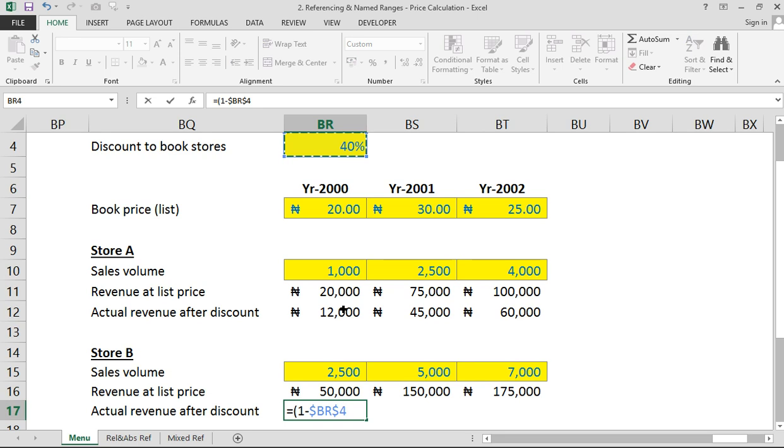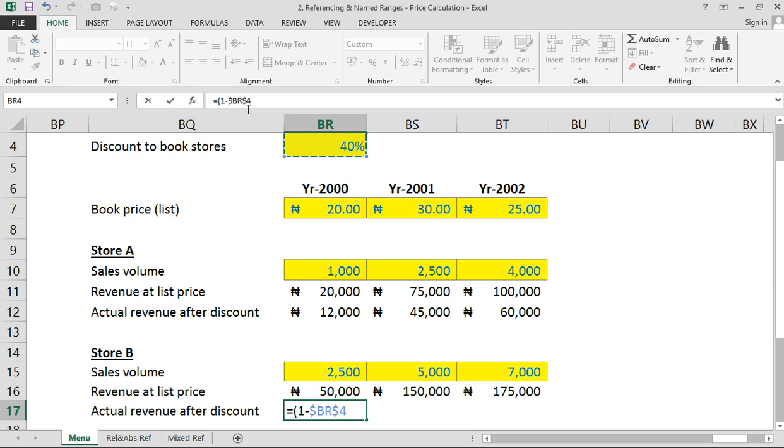So if you press F4 again, you see that it's only locking the row. Press F4, it's locking the column. Press F4, you are now having a relative cell reference. So F4 cycles through the combination of relative and absolute cell reference, so you can see.